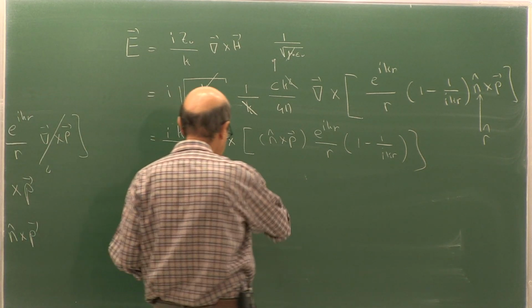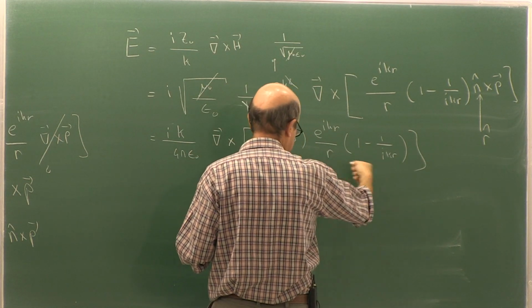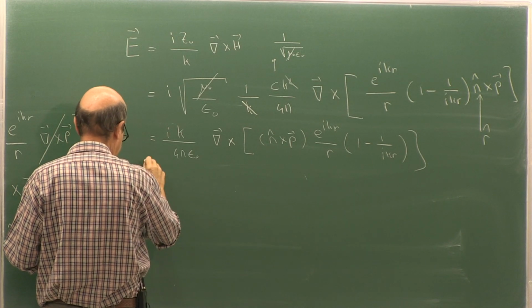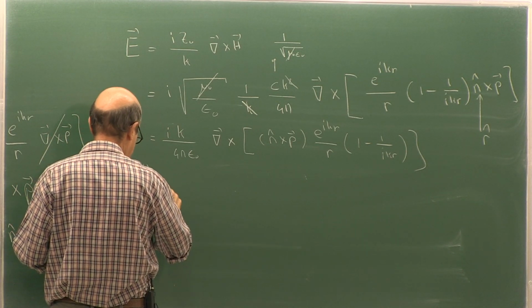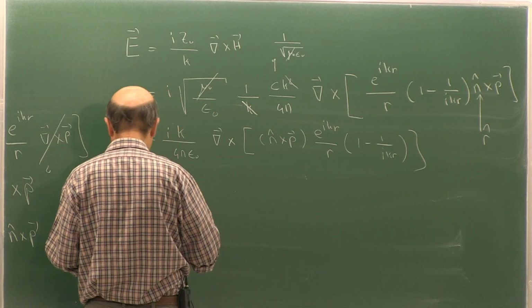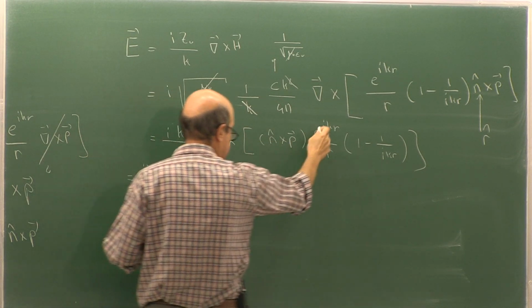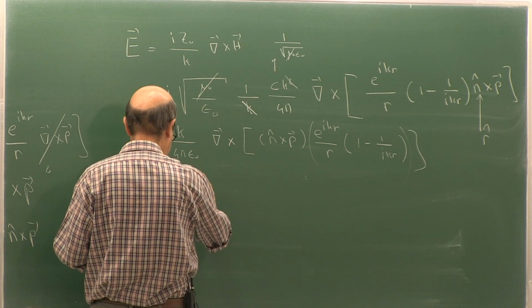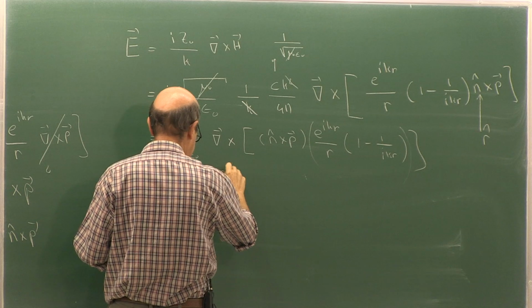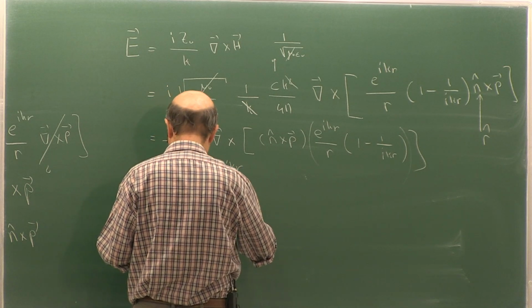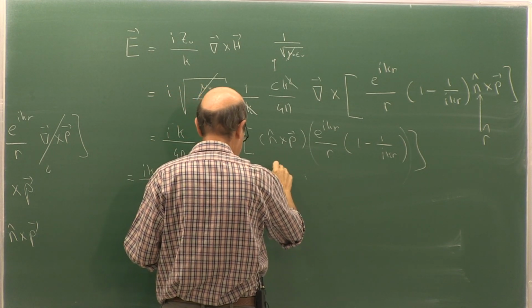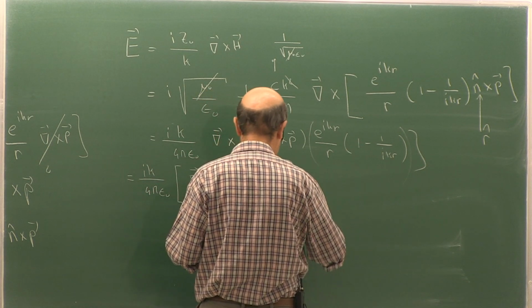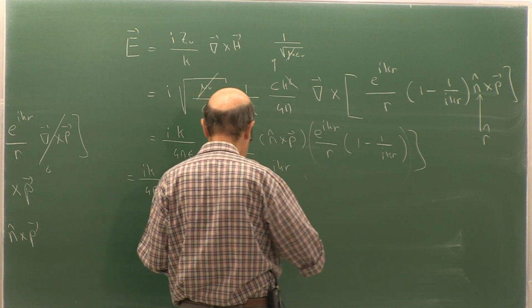Again, this is the curl of a vector times a scalar, and that is equal to ik over 4 pi epsilon 0, the gradient of the scalar term, this stuff is the scalar, gradient of e to the ikr over r minus e to the ikr over ik r square. So I distribute the 1 over r inside.